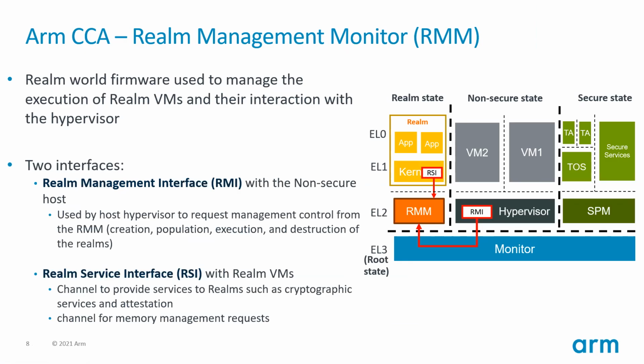Yes. I think the eventual goal is that the Linux kernel can dynamically detect whether it's running in the non-secure world or within the realm, and it can dynamically choose what needs to be done.